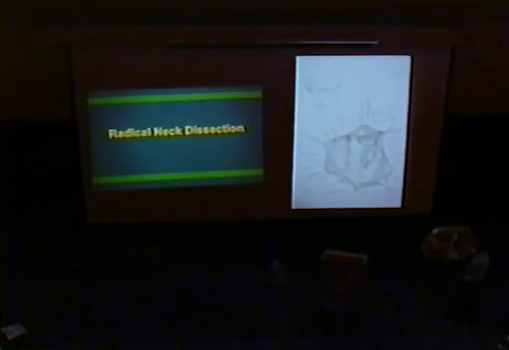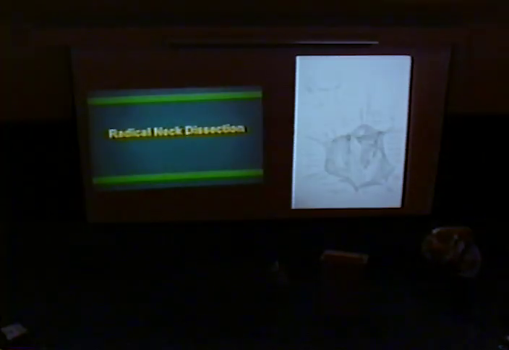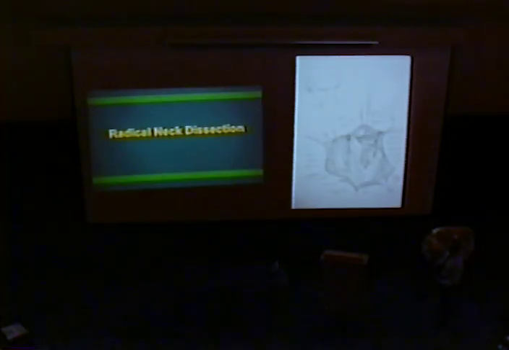The flaps are elevated, which means we peel the skin flaps back. We elevate these flaps in what's called a subplatysmal plane, so the platysma stays with the flap. This improves the vascularity to the skin flap so there's not flap necrosis postoperatively.